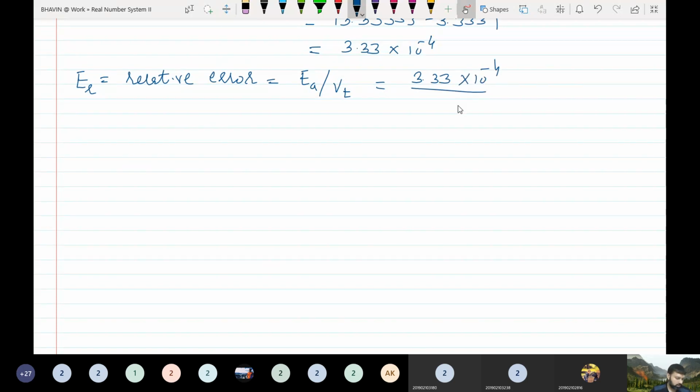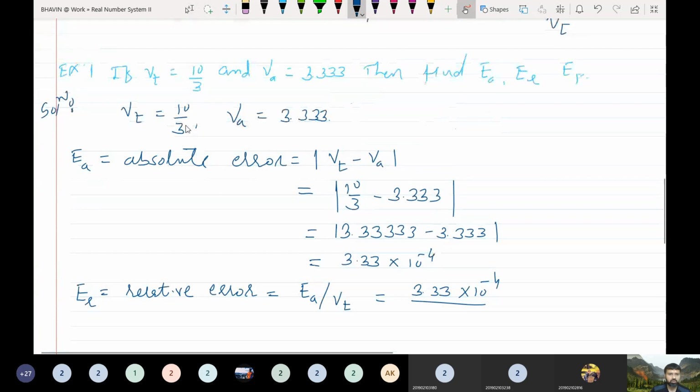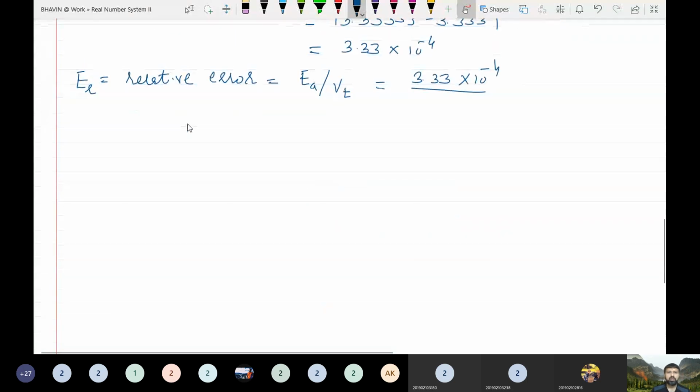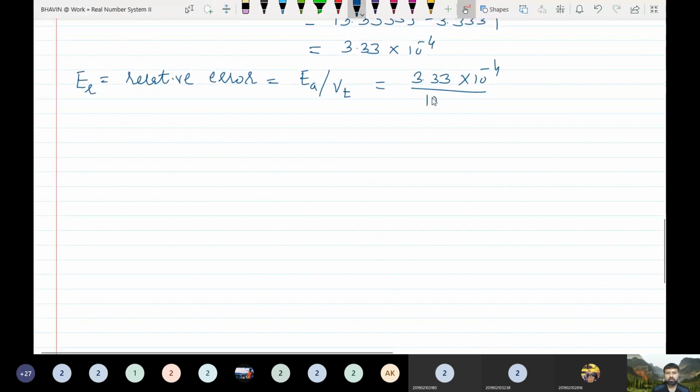We have given true value, what is its true value? 10 by 3. So I should write down here 10 by 3. So this is equal to, 10 goes into numerator, so it will become 10 raised to minus 5. And 3 into 3, this is 9.99 into 10 raised to minus 5.